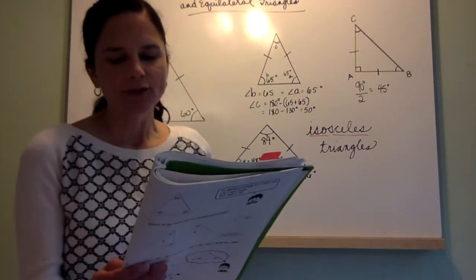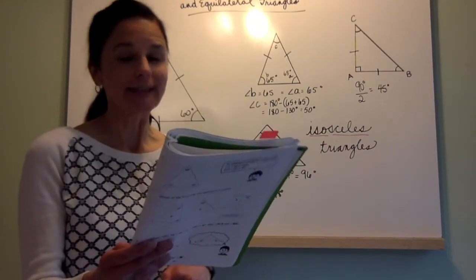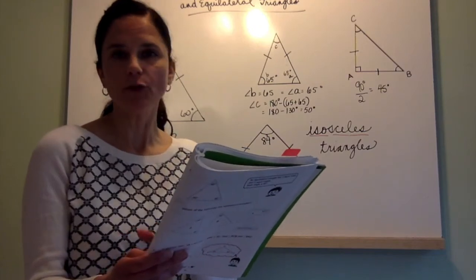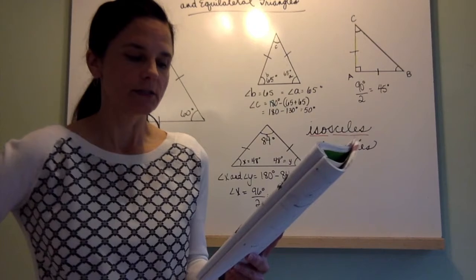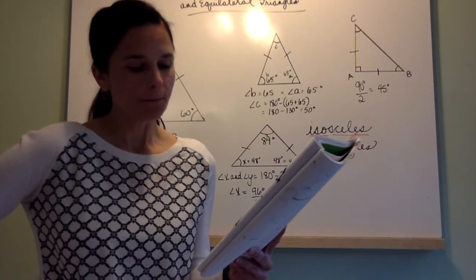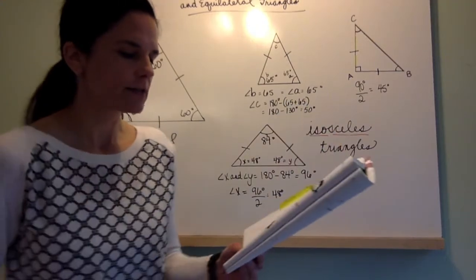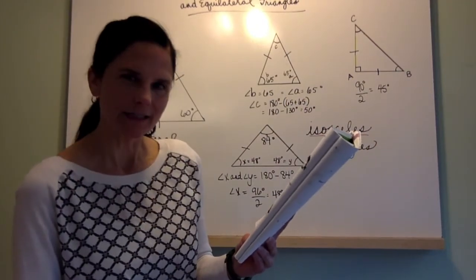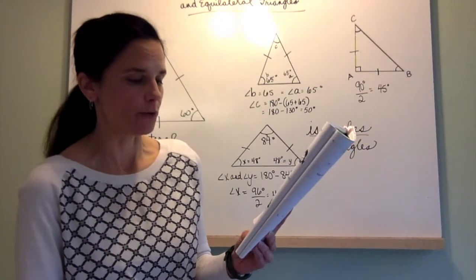Now, if you look at triangle B, you should instantly be able to tell that, yes, that is an isosceles triangle because I'm given that those 2 angles opposite one another are 30 degrees. So those sides must be equal. So check, triangle B is an isosceles triangle. Triangle C, is that an isosceles triangle? Well, we'd have to figure out the other unknown angle.